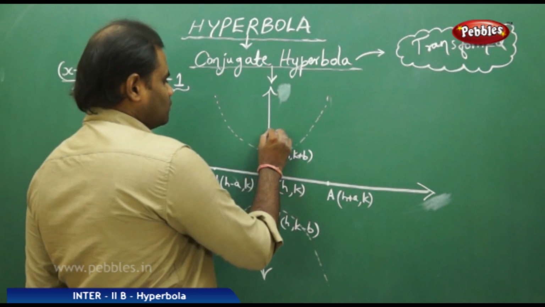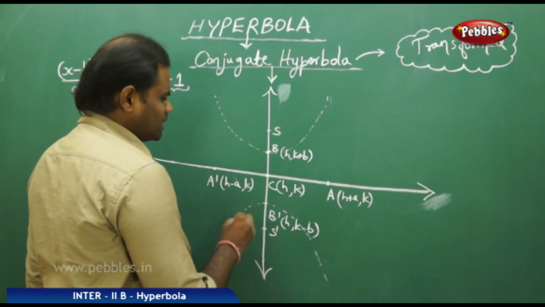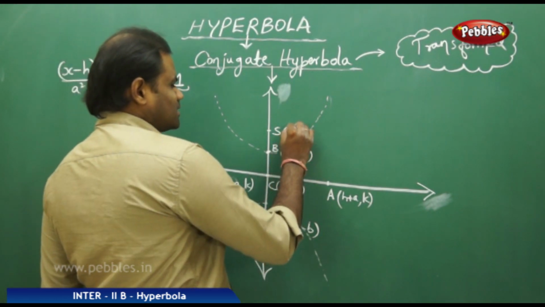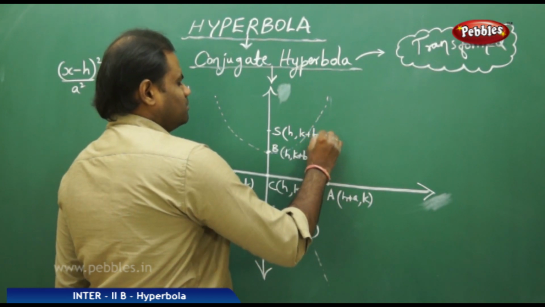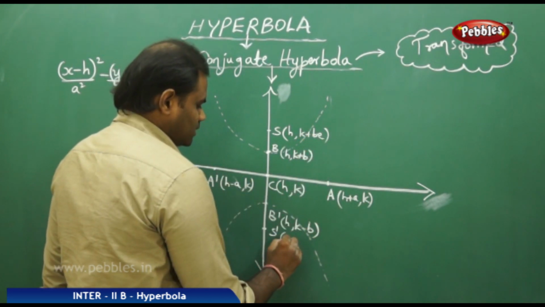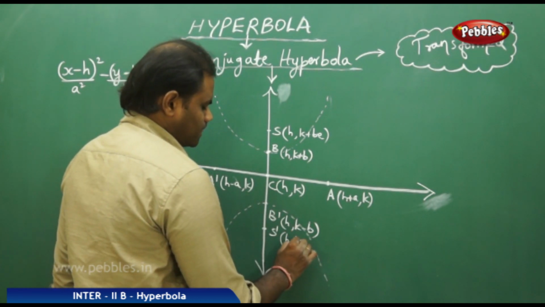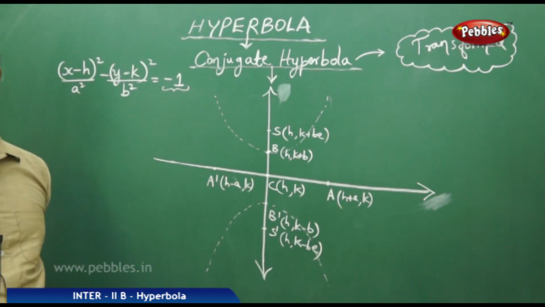In this case, the focus S and the other focus S dash are given by (h, k plus be) and (h, k minus be); this is how each is transformed.